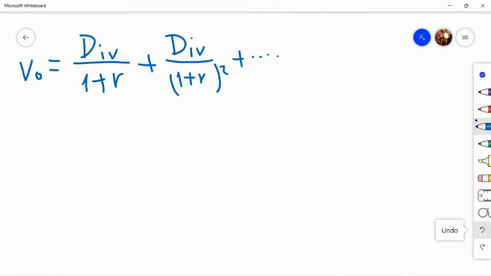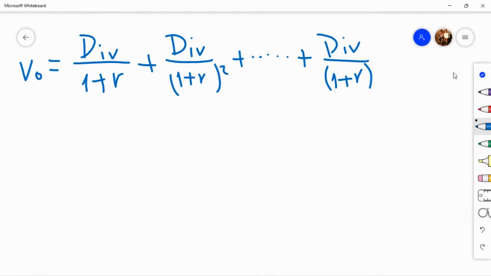It's going to keep going on like that until the dividend at infinite time minus 1 and infinite time.